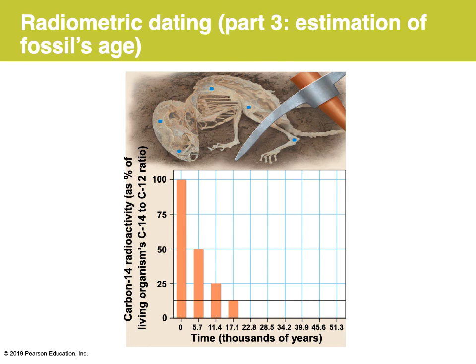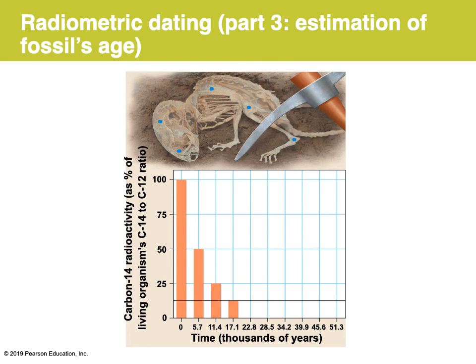To get to half of that takes another 5.7 thousand years, another 5,700 years. So from 100% to 50% is 5.7 thousand years. The next half, to get it down to 25%, now you're all the way out to 11.4 thousand years. To go from 25% to 12.5%, that's another 5.7, so now you're out to 17.1, right?